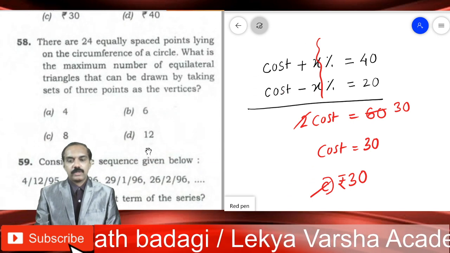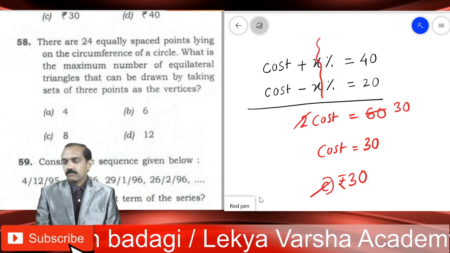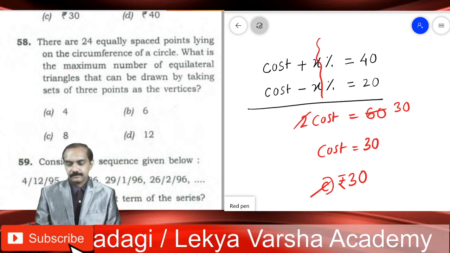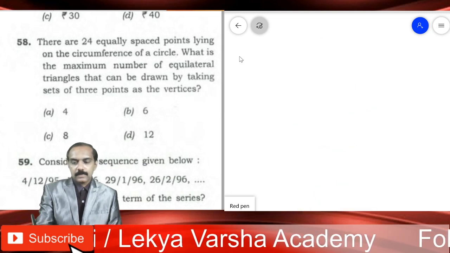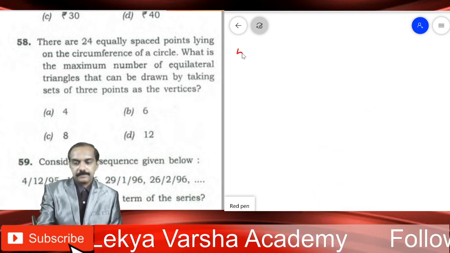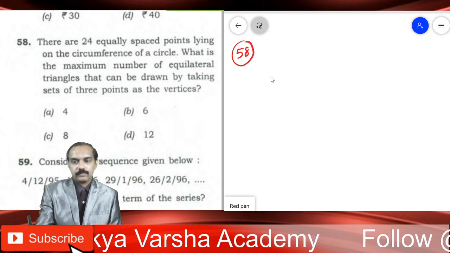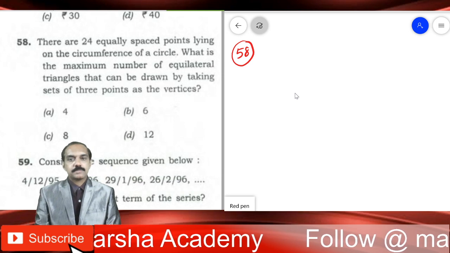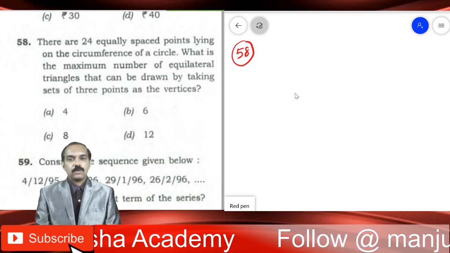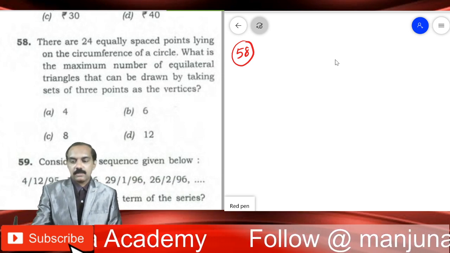Moving on to 58. The 58th problem. Problem number 58. There are 24 equally spaced points lying on the circumference of a circle.